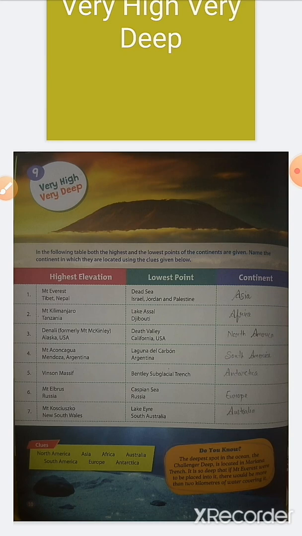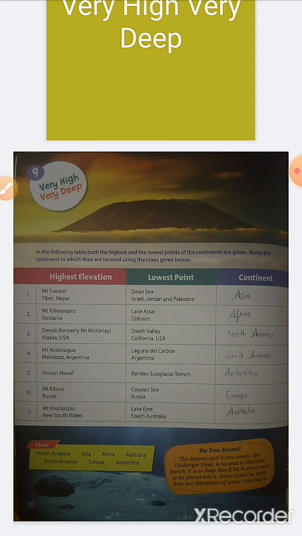A continent is a major area of land that is separated from others by water or other natural features. So my dear students, how many continents are there on the earth?